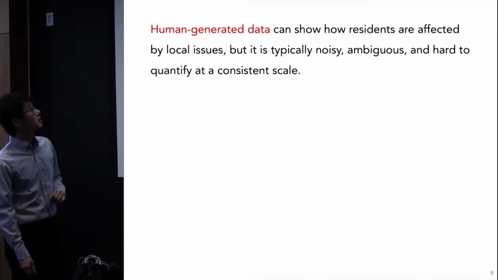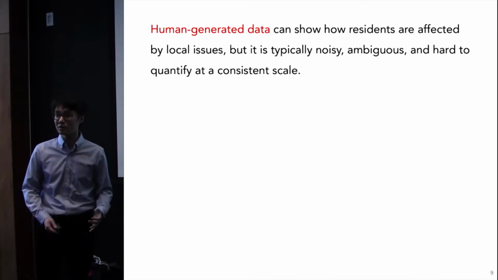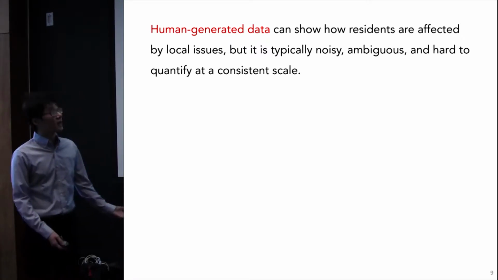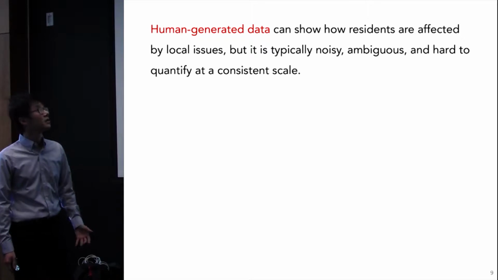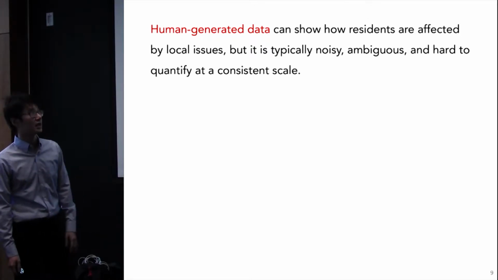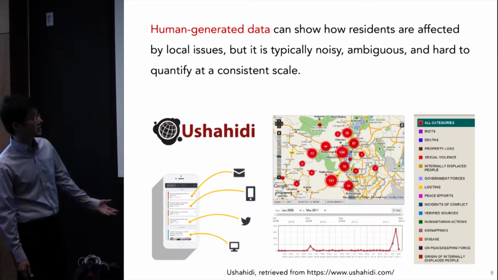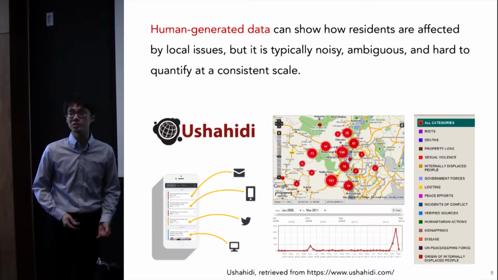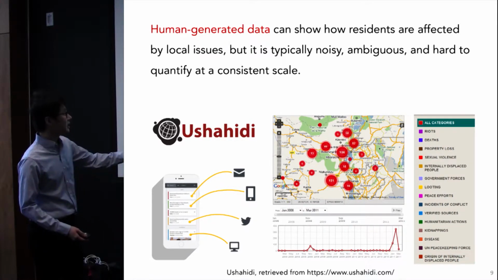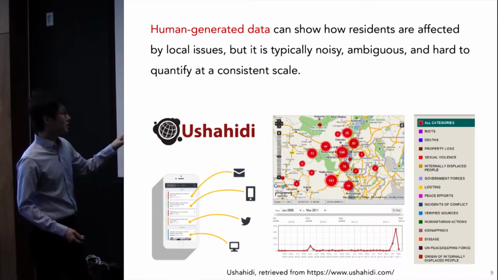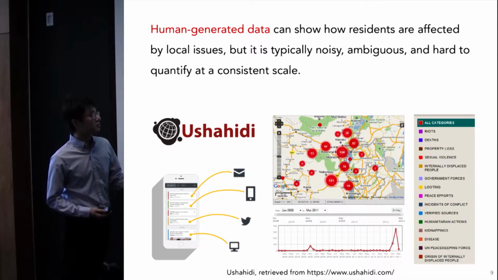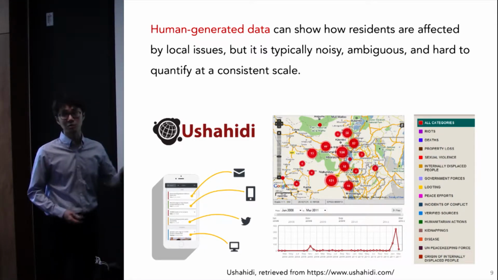For example, human-generated data can show how residents are affected by local issues, but it is typically hard to quantify, and it is typically noisy. For example, Ushahidi is a platform for crowdsourcing a lot of crisis information online. People can send information via SMS, text messages, or emails, and then the information can be posted on the website.